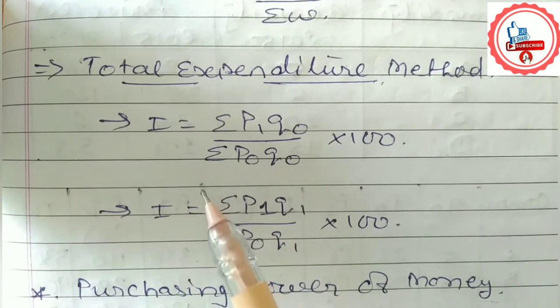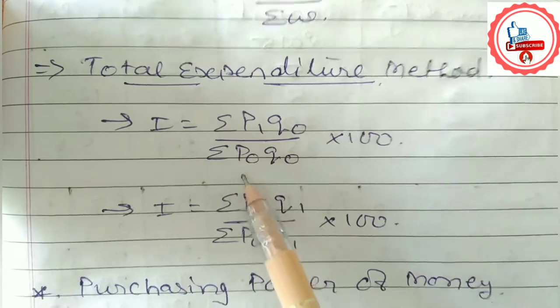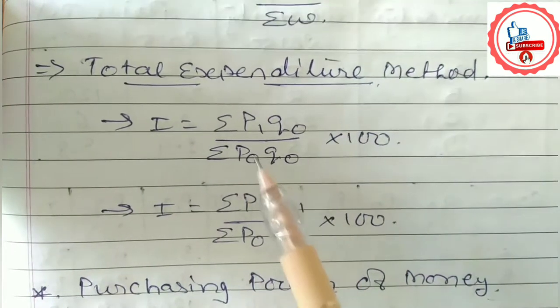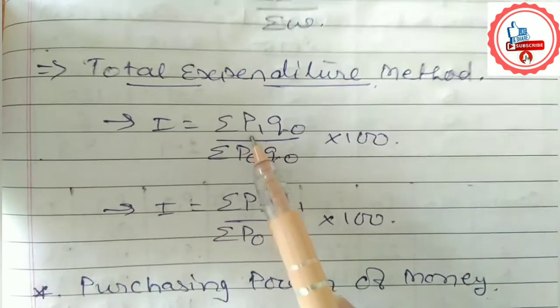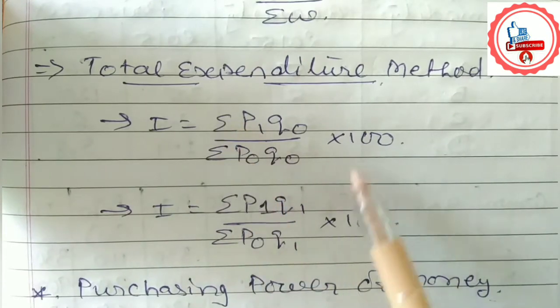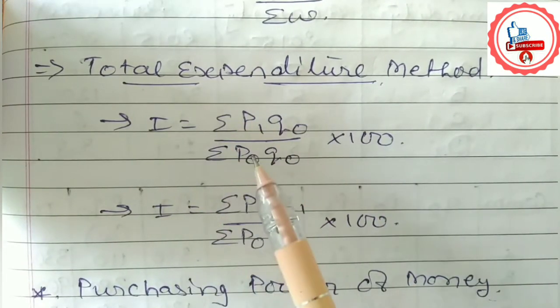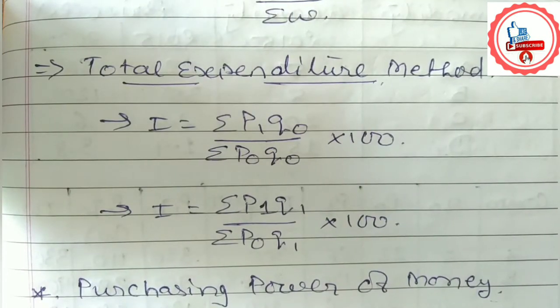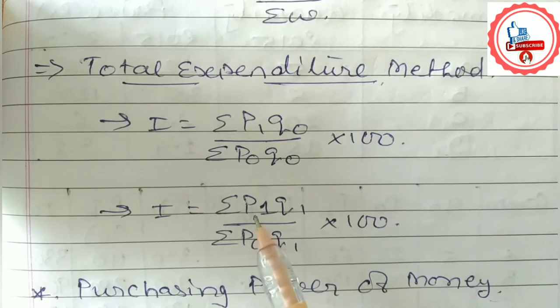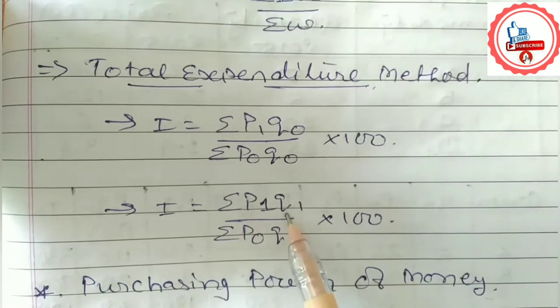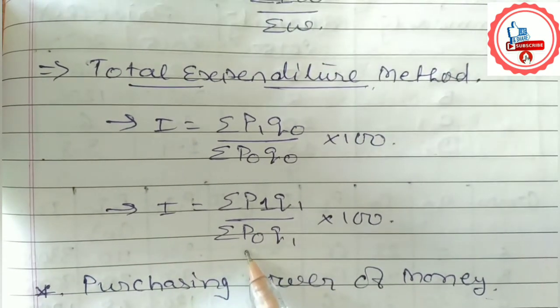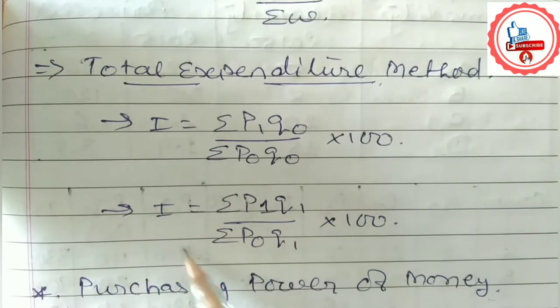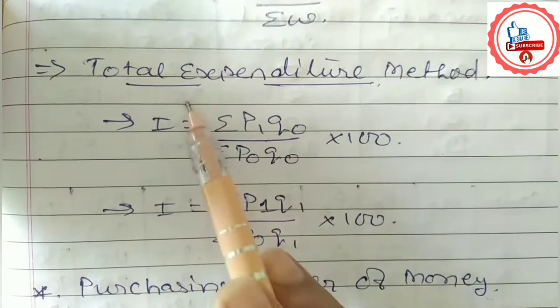When you are provided information regarding price and quantity of the base year and price of the current year, you use the first formula to find the total expenditure index number. In case you have been provided price and quantity of the current year and price of the base year only, then you are supposed to use the second formula.